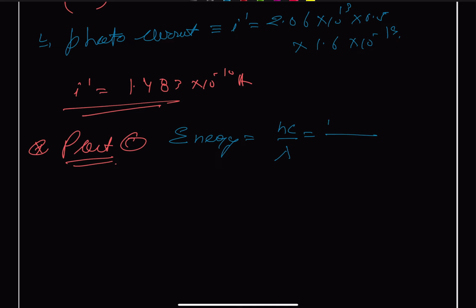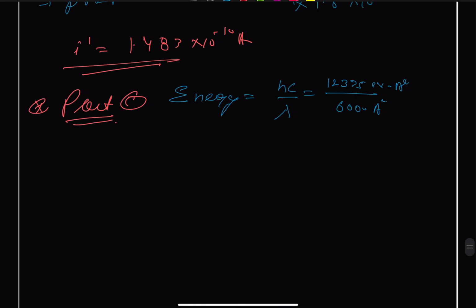So this comes as 1.2375 electron volt angstrom, and lambda is given to us as 6000 angstrom. So we get our value of energy.